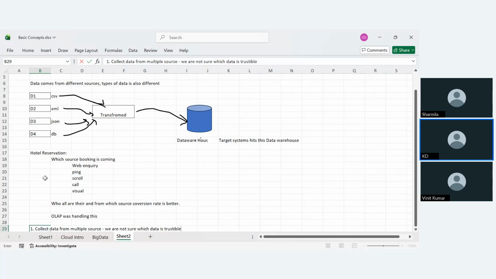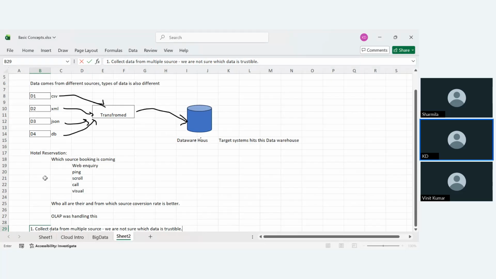Because many times competitors of the hotels were doing fake bookings, and at the end they were cancelling their bookings in order to just make some excuses about the hotel. So that was one thing.